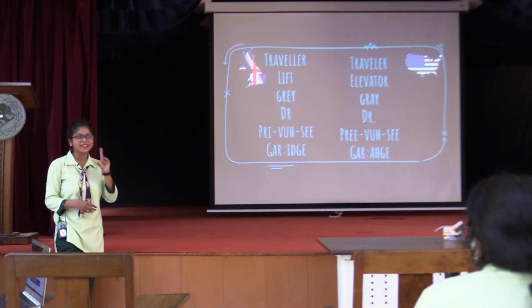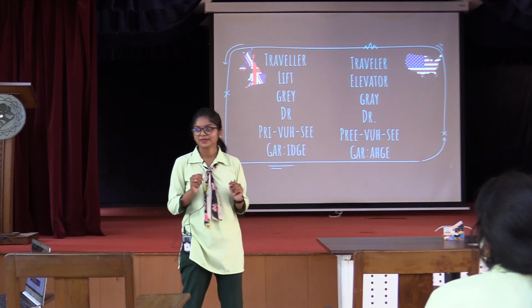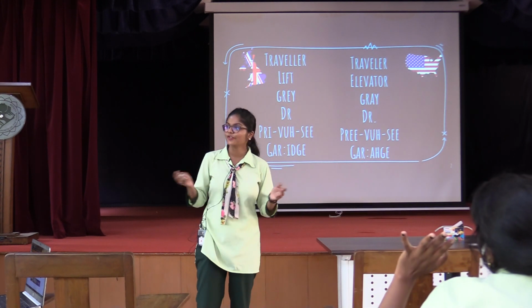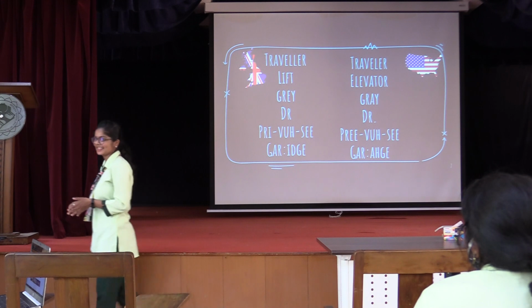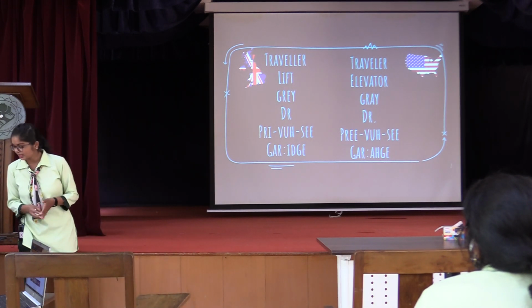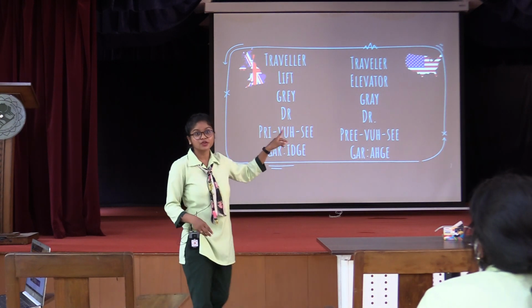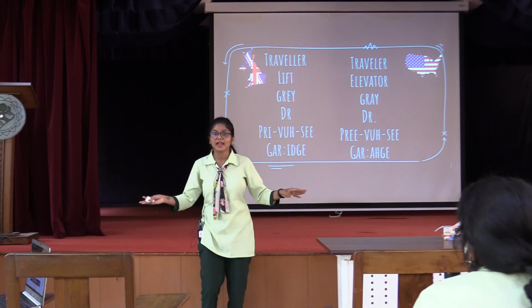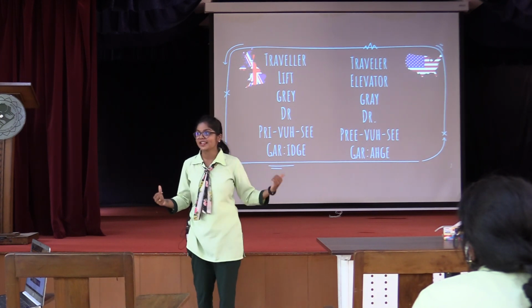Next. How many of you selected G-R-E-Y? Wow, all of you, very good, which means grey has not found its way into your life as yet. Grey is what the Americans spell. Now, when it comes to doctor and doctor, we use both. I've seen letters where there is the American version and the British version.